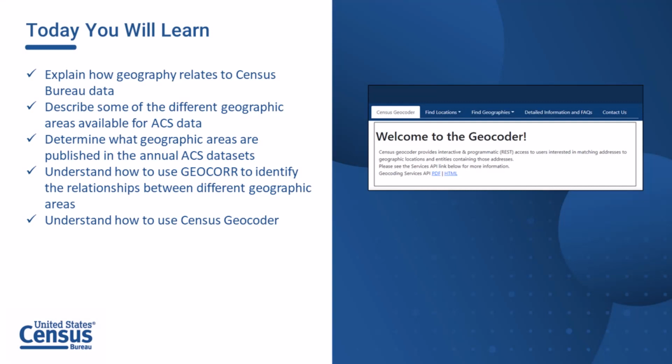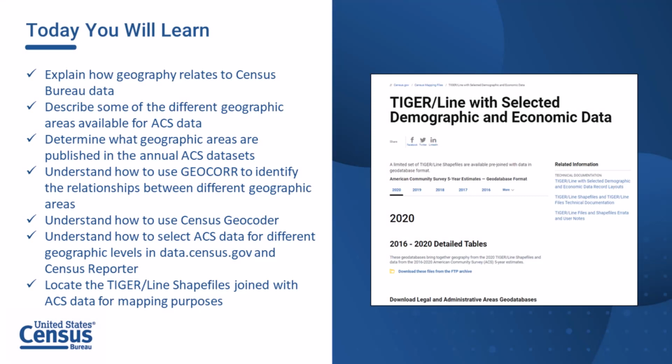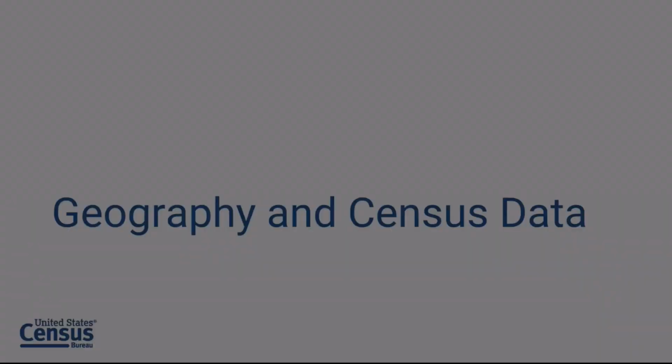Understand how to use Census Geocoder. Understand how to select ACS data for different geographic levels in data.census.gov and an external site called Census Reporter. And finally, locate the TIGER/Line shapefiles joined with ACS data for mapping purposes, which are the files of geographic and cartographic information used to map data.